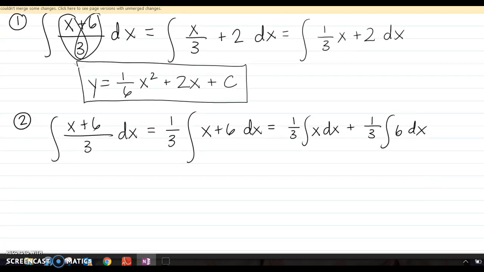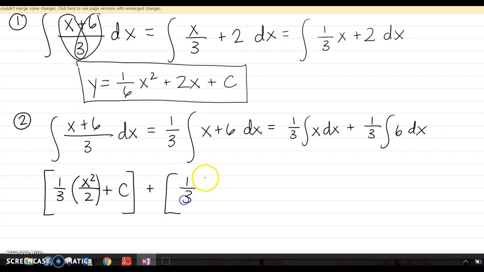And so what we end up with for our two integrals, we have 1/3 times x squared over 2 plus c. And remember, technically the 1/3 is multiplied by the c, but 1/3 times a constant is still a constant, plus 1/3 times 6x plus c.